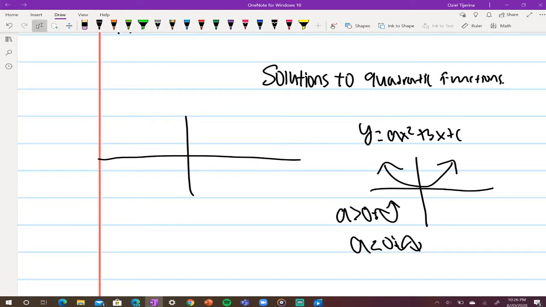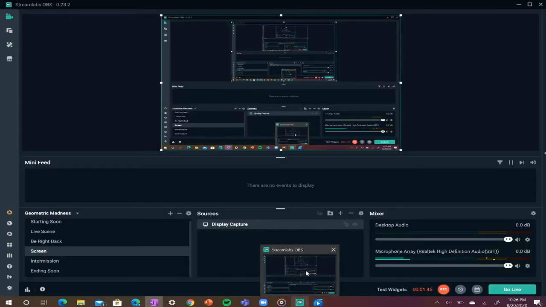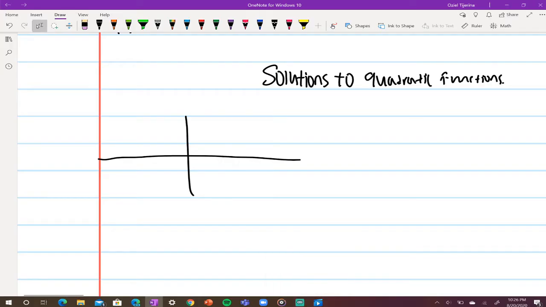Okay, so one of the things you have to know is how it would look on a graph if we had a certain number of solutions. For one solution, usually it would be a repeated root.